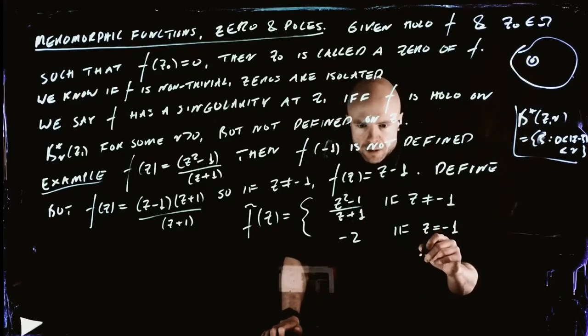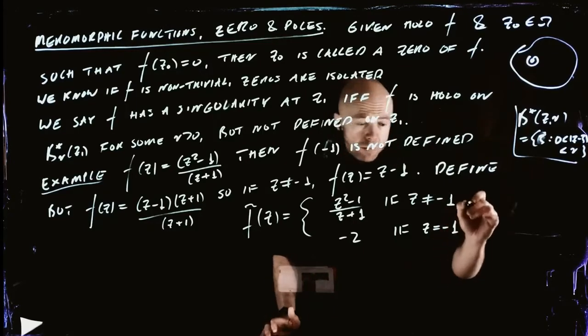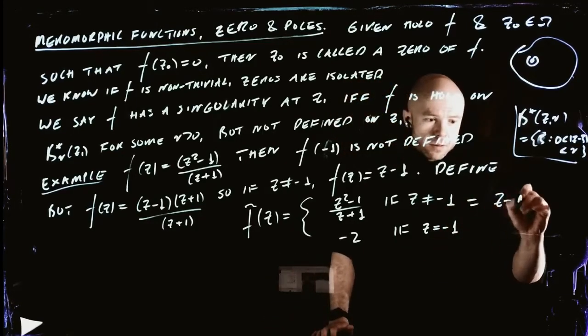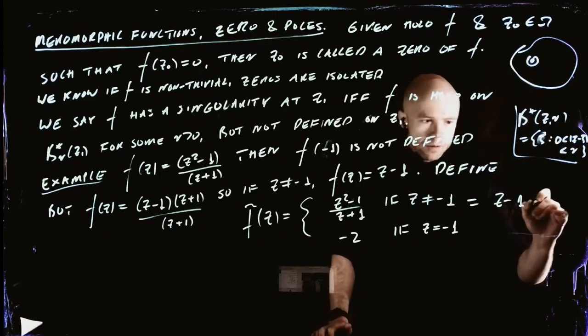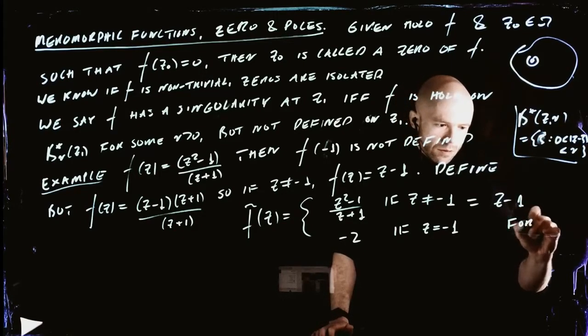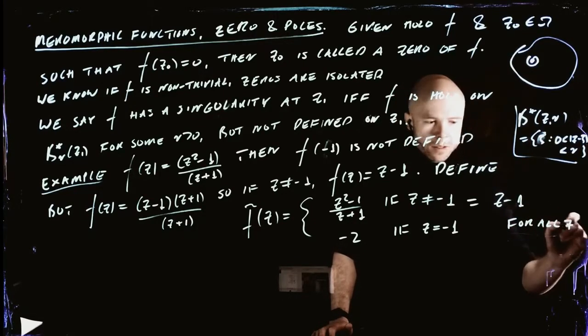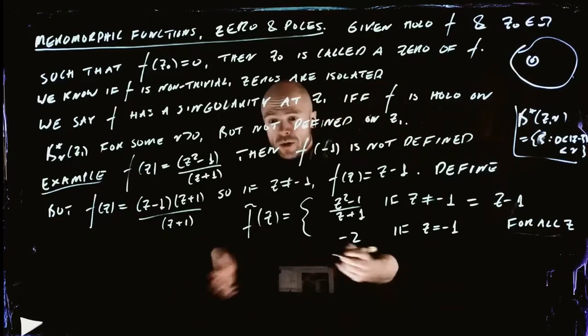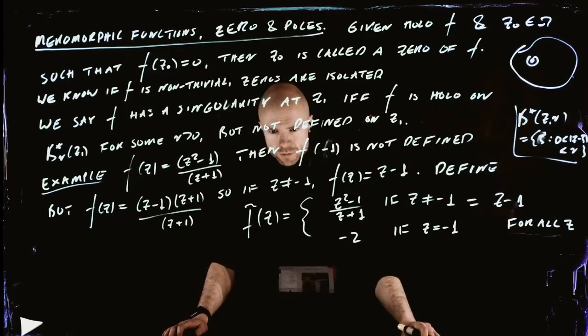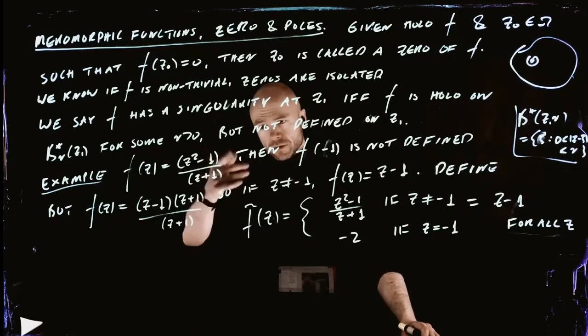That's exactly the same thing as just being z minus 1 for all z. So that kind of singularity is pretty harmless. These do occur. This is a very natural expression.